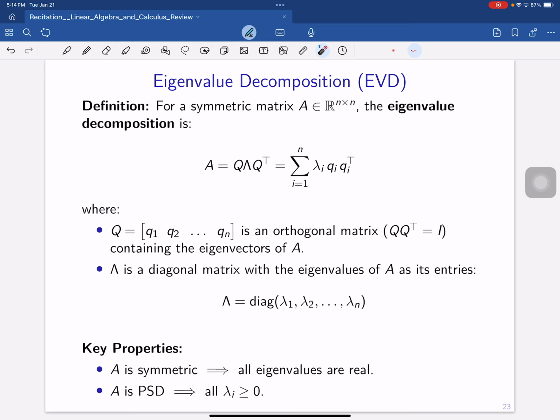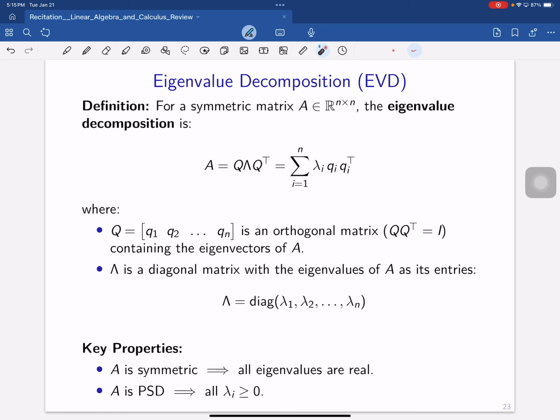Okay, and you could write this product using this outer product form. Right? You can quickly check this is true, where Qi is the ith eigenvector, right? So if you have Qi times Qi transpose, this is like taking the outer product of Qi with itself, right? So that gives you the decomposition, right?